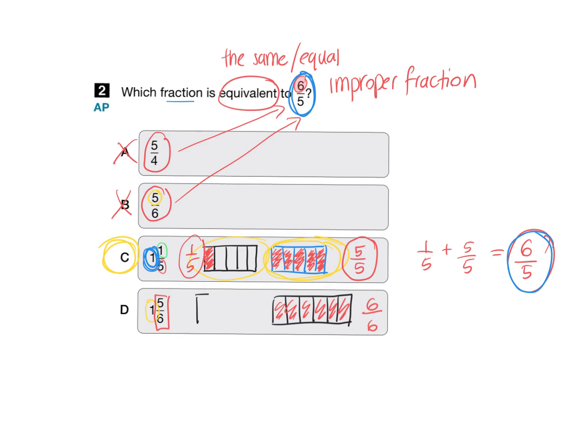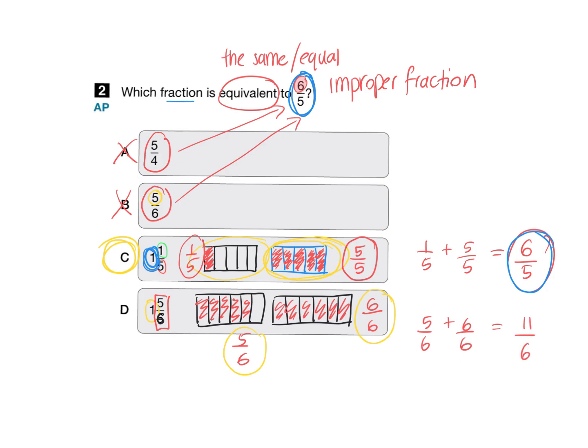And then I'm going to have another 6 parts, and I'm only going to shade in 5. So what would I have total here? I would have 5 out of 6 and 6 out of 6. How many 6 do I have? 11. 11 out of 6.